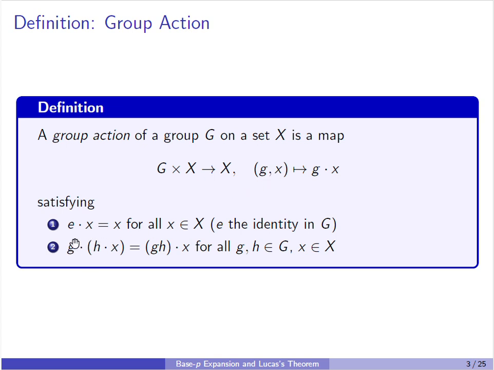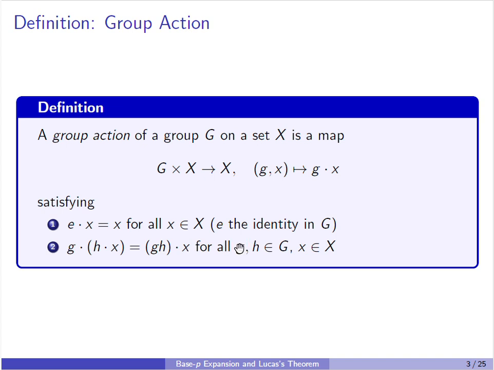And then the other property here is that if you first act on x with h, and then act on whatever you get here, h·x, with g, then this is the same thing as first combining gh in the group, then acting on x.